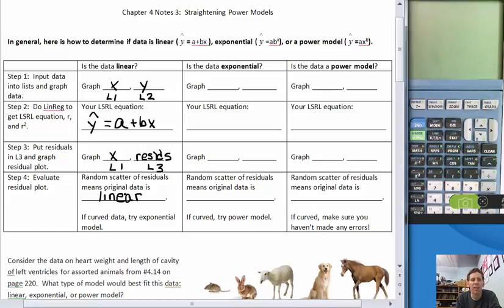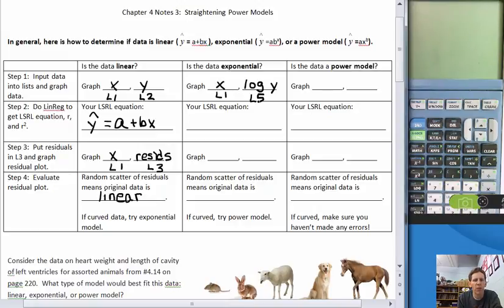However, we saw yesterday that sometimes the residual plot shows a curve pattern, so we check to see if the data is exponential. If the data is exponential, what we're going to graph are the x values, and we're going to take the logarithm of the y values. This traditionally will bring the steepness of your graph way down, and we've put your log of the y values in list 5.